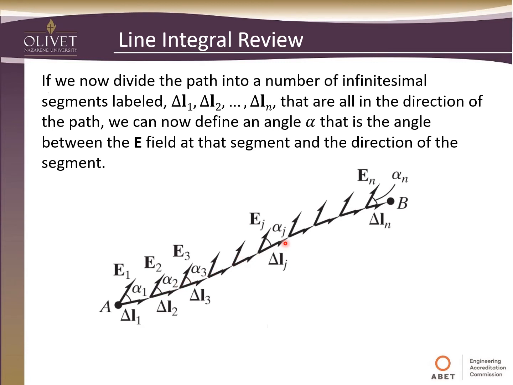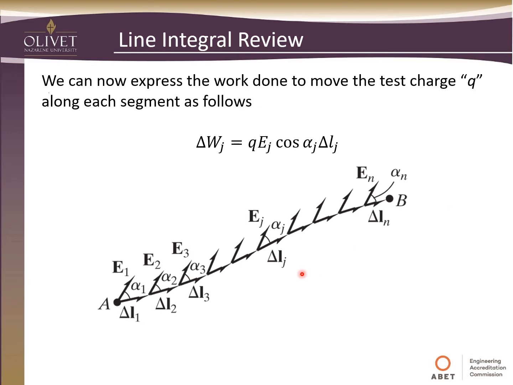That's important. So we can now define an angle alpha for each one of these. It shows the difference between the direction of the path vector and the E field vector. So we have this alpha for each one of these.